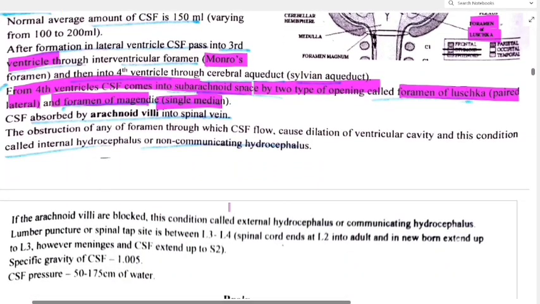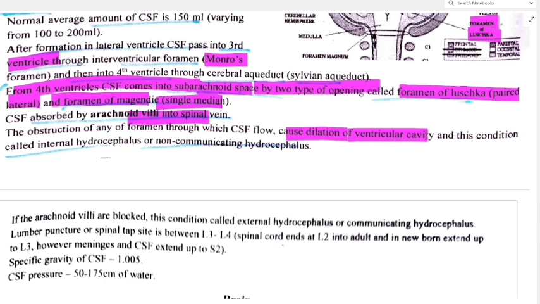CSF absorbed by arachnoid villi into spinal vein. Now after all this distribution, CSF is absorbing by arachnoid villi into the spinal vein. The obstruction of any of foramen through which CSF flow cause dilatation of ventricular cavity, and this condition is called internal hydrocephalus or non-communicating hydrocephalus.